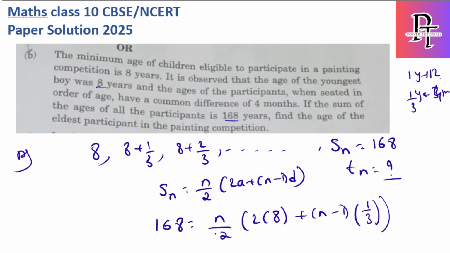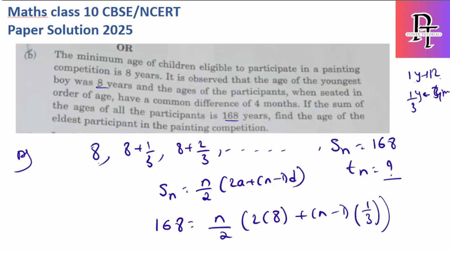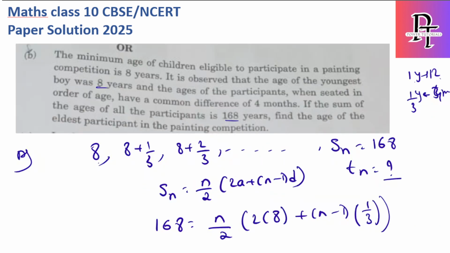So if I move 2 to the other side, 168 into 2 is 336. So 336 is equal to n into 16, that is 8 into 2, plus n minus 1 into 1 by 3. So it is n by 3 minus 1 by 3.